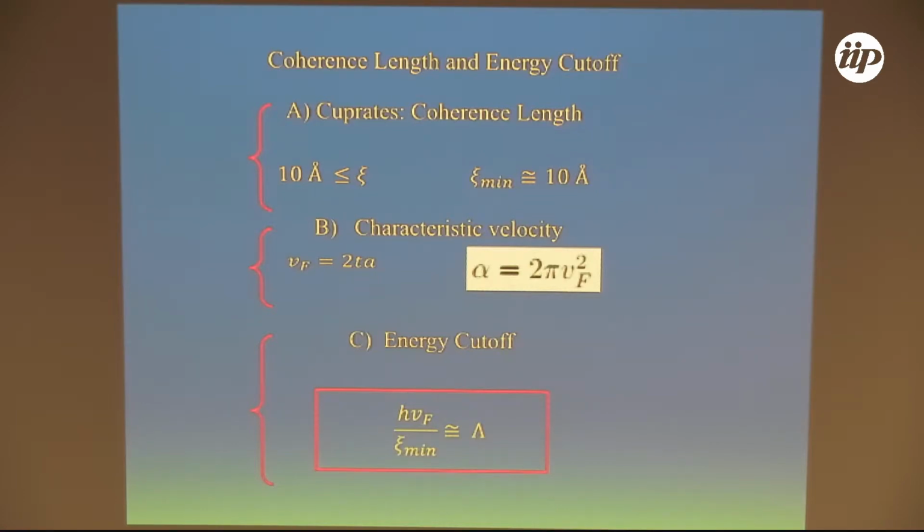I'm introducing the holes through this constraint, but the lattice is just the square lattice. And this energy cutoff I relate to the coherence length, which in the cuprates is of the order of 10 angstrom, whereas in conventional superconductors it is of the order of 500 angstrom.